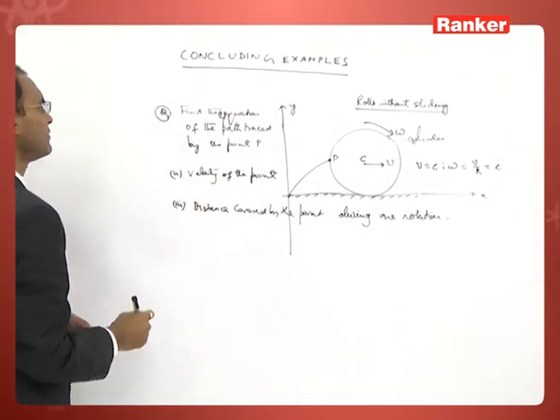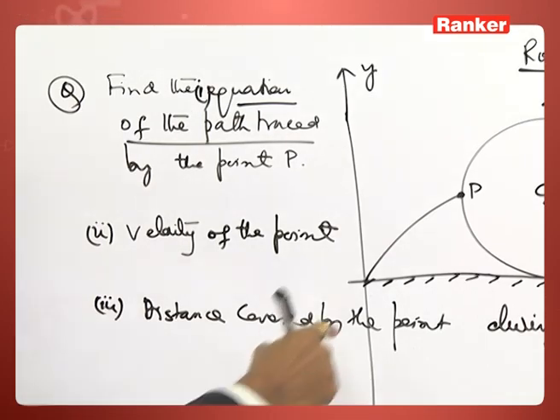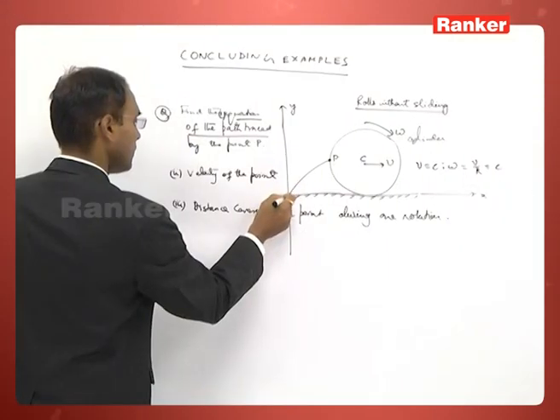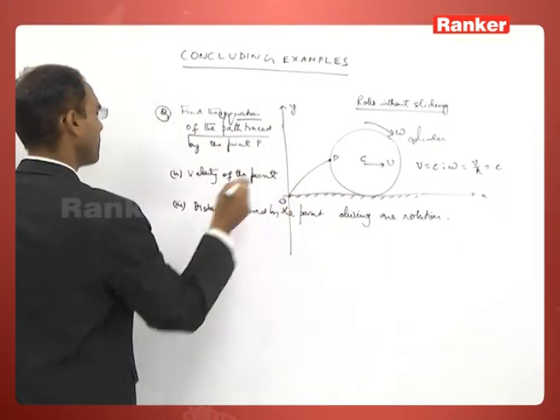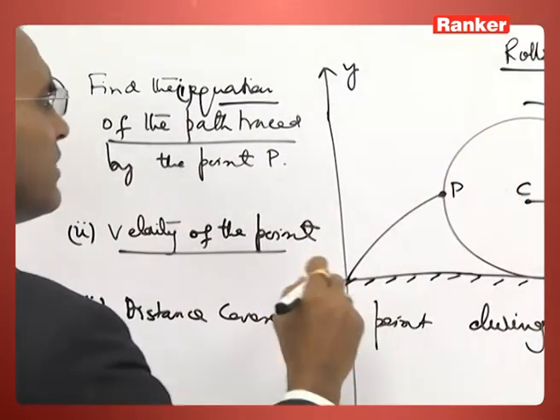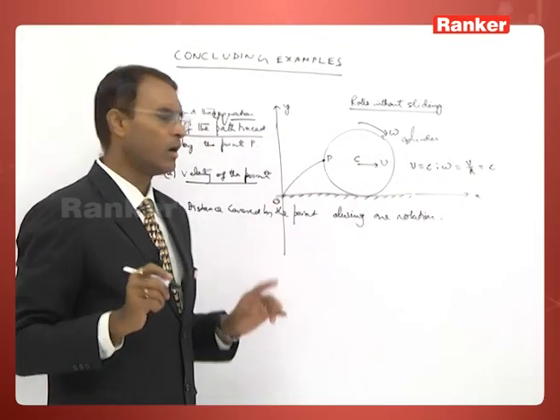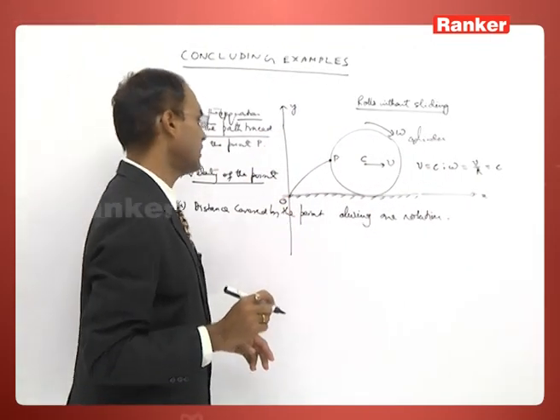Under this condition, find the equation of the path traced by the peripheral point with respect to this origin, its velocity with respect to ground, and the distance covered by this point during one rotation of the cylinder.